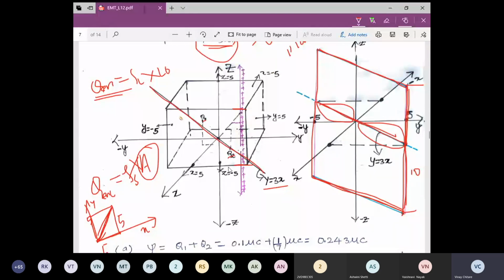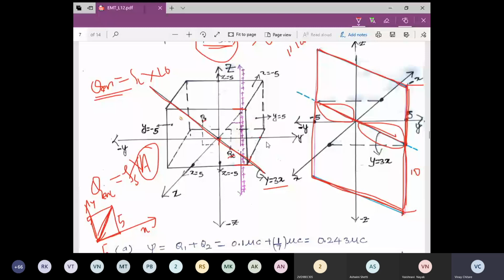If I look at this portion, the y value here is 0, and it is varying up to a maximum of 5. When y equal to 0, x is 0, that is fine.